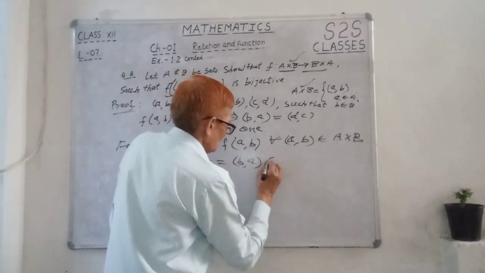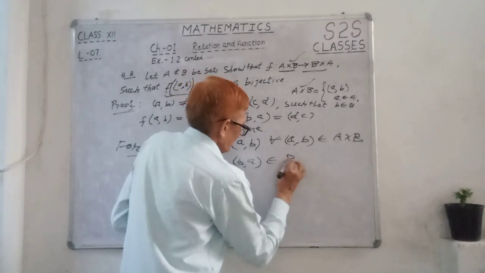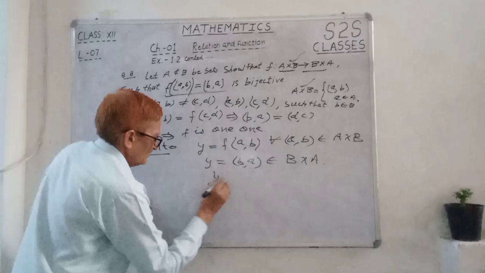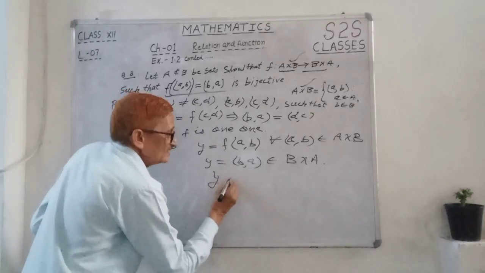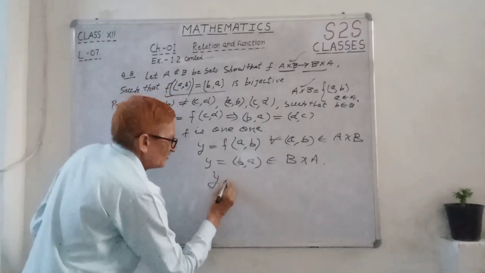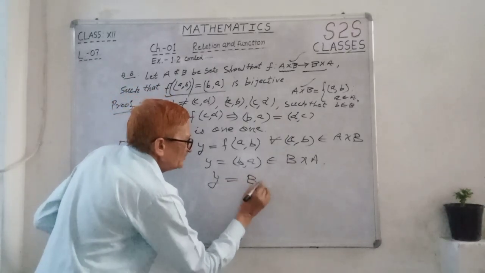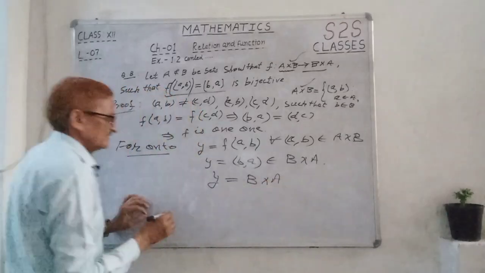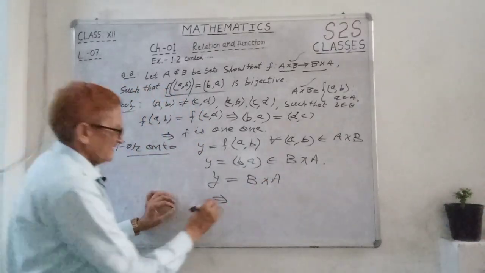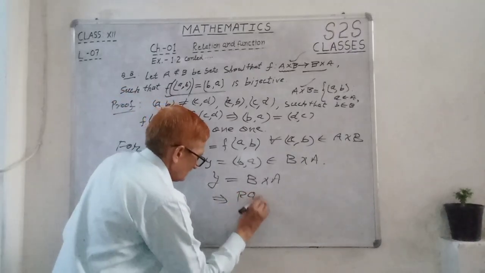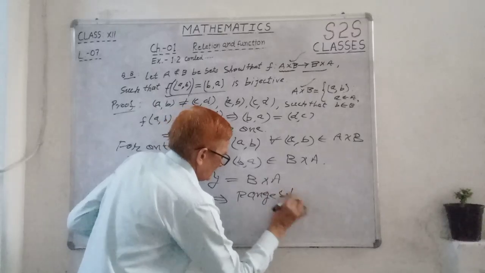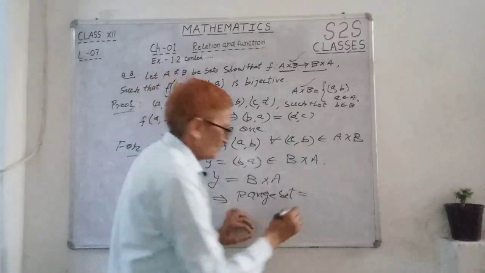So this belongs to B Cartesian A. Means y belongs to B Cartesian A, this set. And this implies the range set is equal to the codomain set.